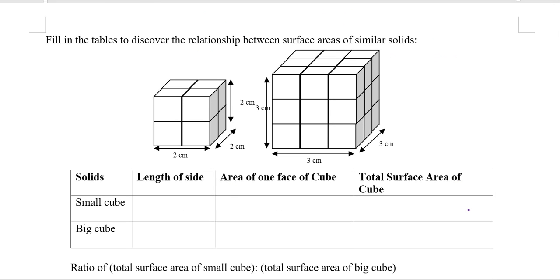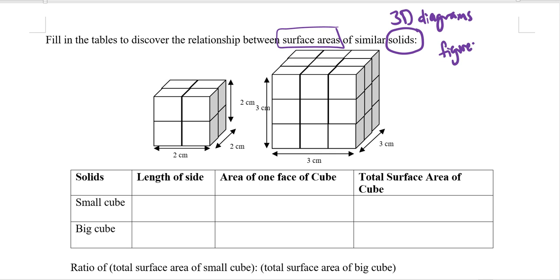Now let's look at the surface area instead of just area, of similar solids. When we talk about solids, we are talking about 3D diagrams, whereas when we talk about figures, we refer to 2D diagrams.